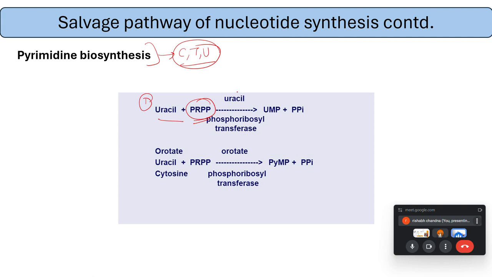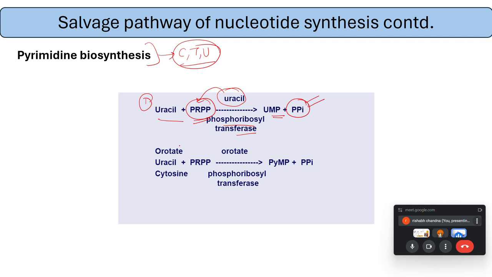The uracil is directly transferred to the ribose 5-phosphate part using the enzyme uracil phosphoribosyl transferase, which forms UMP, and pyrophosphate is released. This is the simplest conversion that happens.